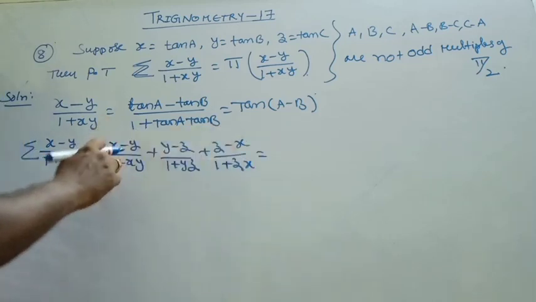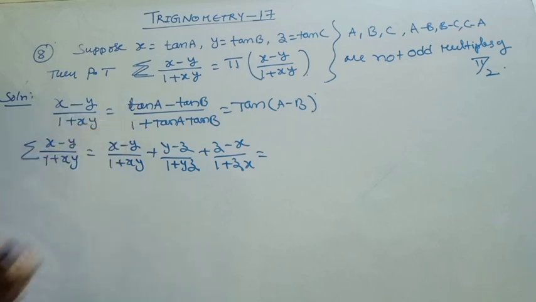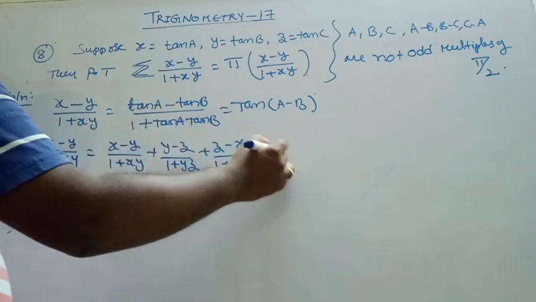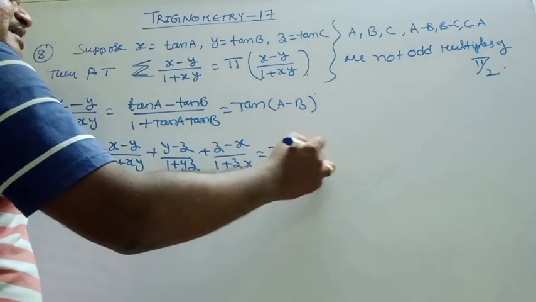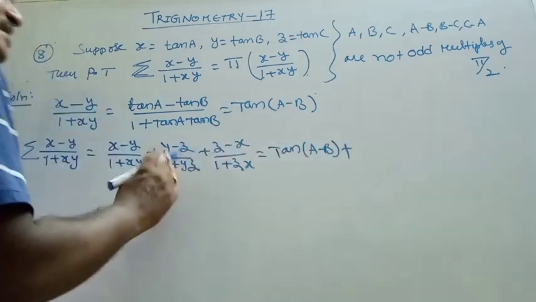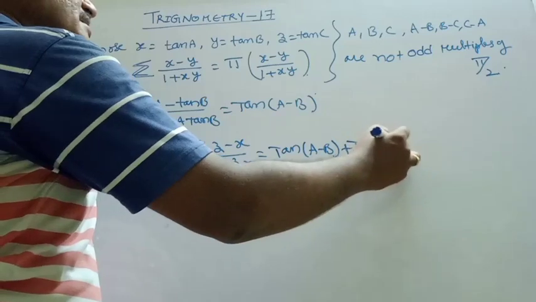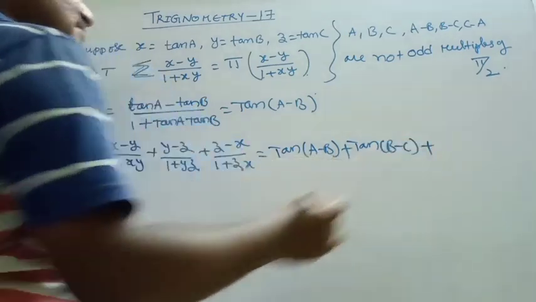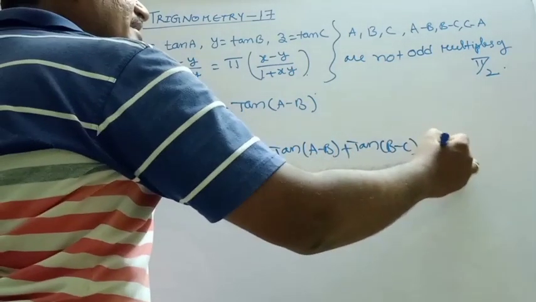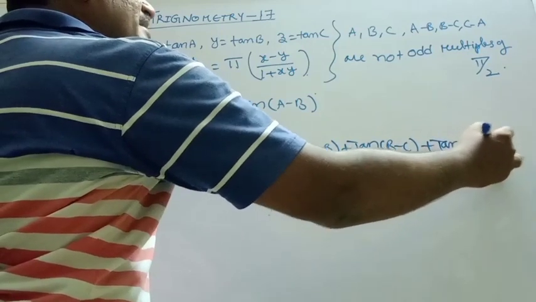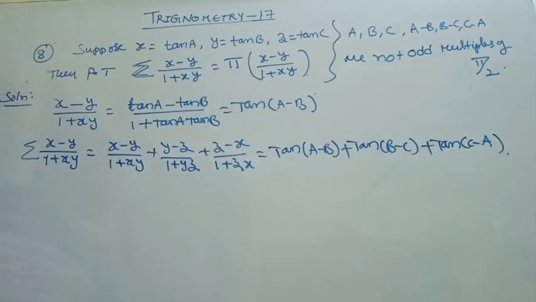The first one we got as tan of A minus B, so this becomes tan of A minus B, plus in the same way tan of B minus C, plus tan of C minus A.